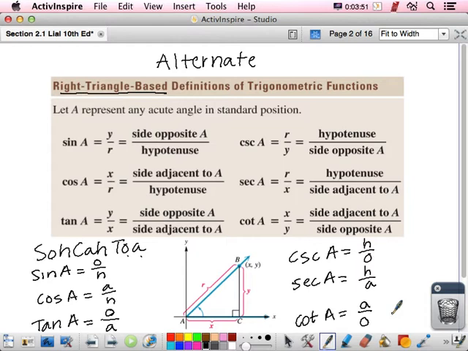For example, if I look right here at angle A in this drawing, and I imagine which of the 3 sides is opposite from angle A. Opposite means the one it doesn't touch. So that's the y side. So y and opposite in this case are the same. Then the hypotenuse and r would always be the same. And adjacent is the one that touches the angle but is not the hypotenuse. So in that case, x would be the adjacent.